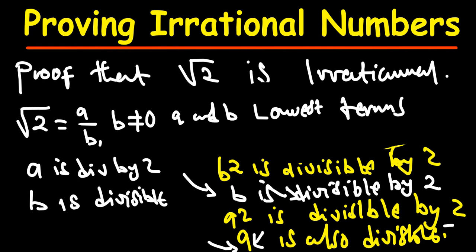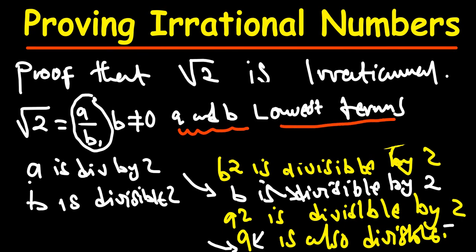So if this a and b are both divisible by 2, then our initial assumption, where we said this a and b were in their lowest terms, is proved to be false.